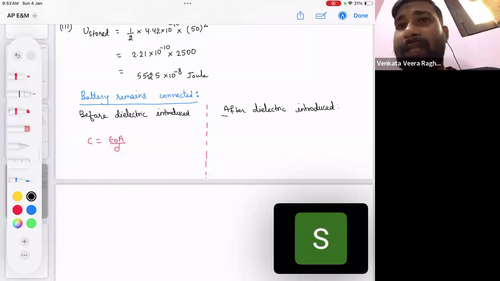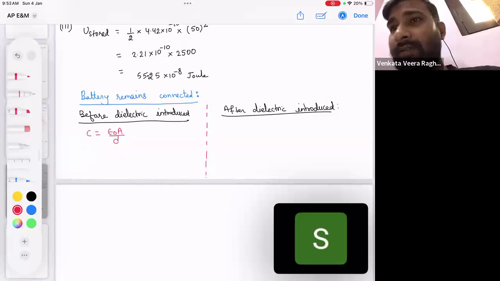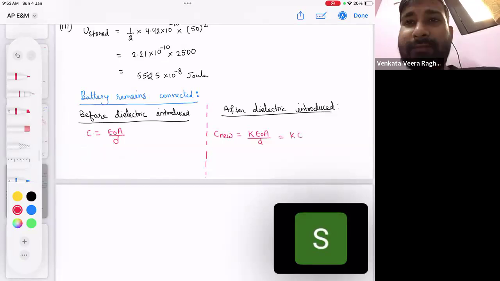Okay, let's see. What is the capacitance before? Epsilon naught A by D. What is the new capacitance? K times epsilon naught A by D. So can I say that is the new capacitance? That is the first thing.